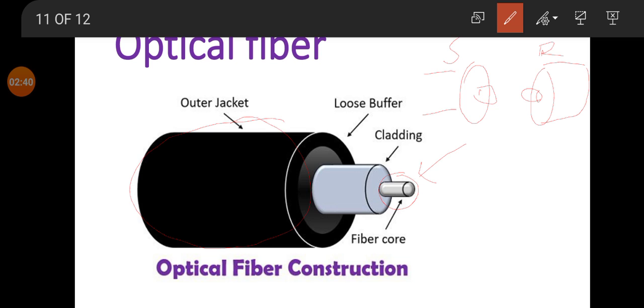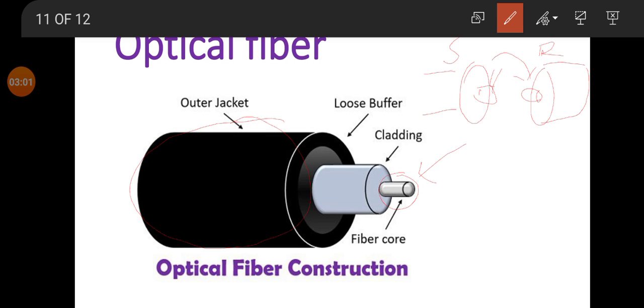LED means light emitting diode signals, or it may send the laser as light pulses across this fiber. So that light is transmitted from the fiber of the sender to the fiber of the receiver.